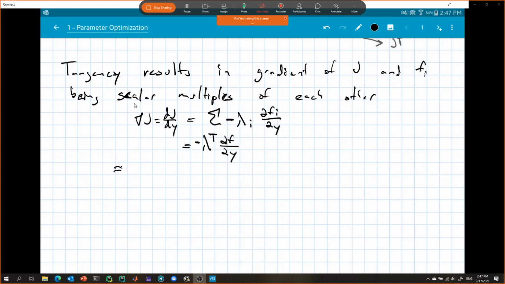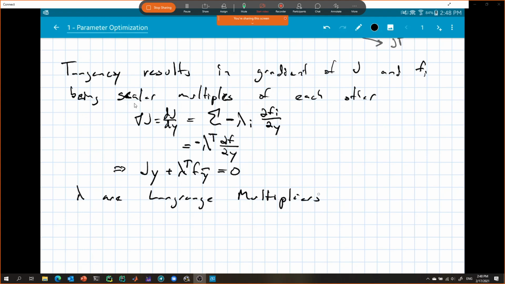So therefore, we have dJ/dy plus lambda transpose dF/dy is equal to 0. And then we would call lambda the Lagrange multipliers. Okay.